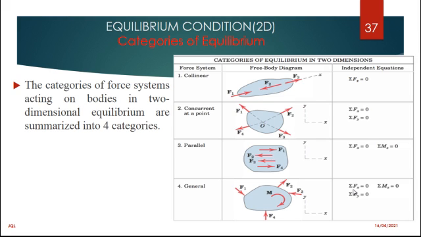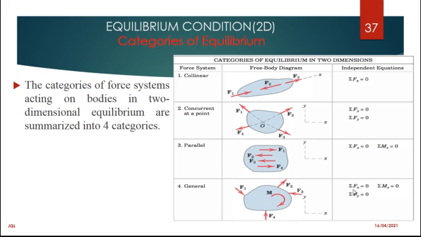If the forces are collinear, what equations do you need? If they are collinear, it can be along the x-axis or the y-axis. Then you only need one equation, which can be summation of forces in the x or summation of forces in the y equals 0.